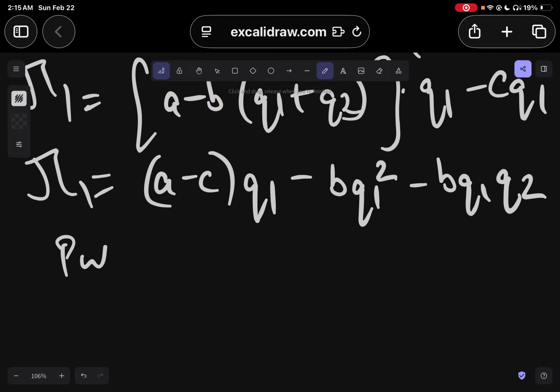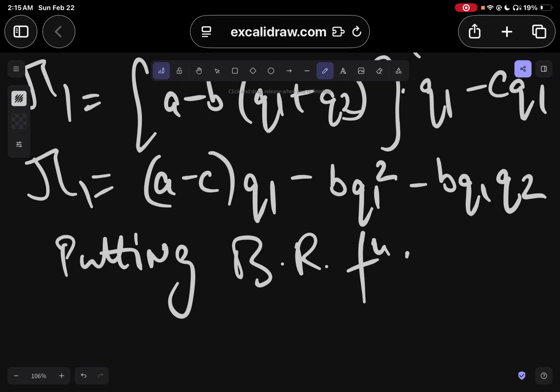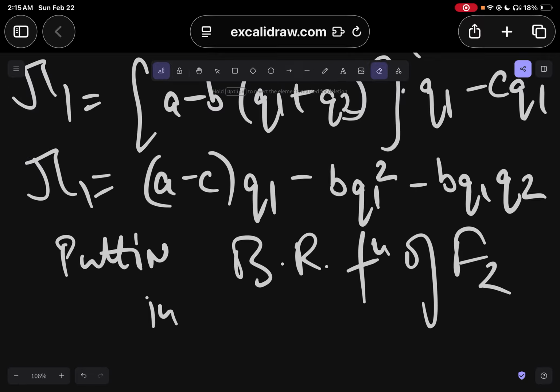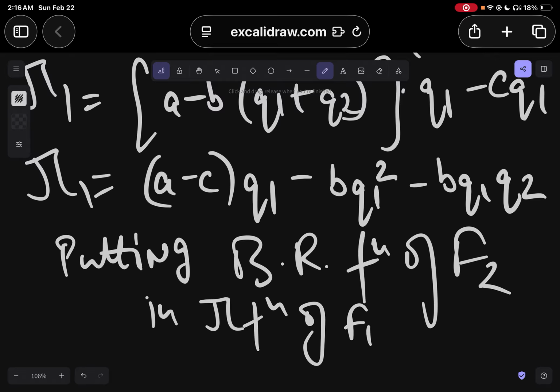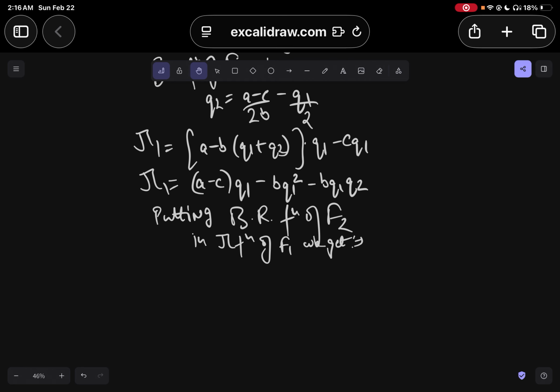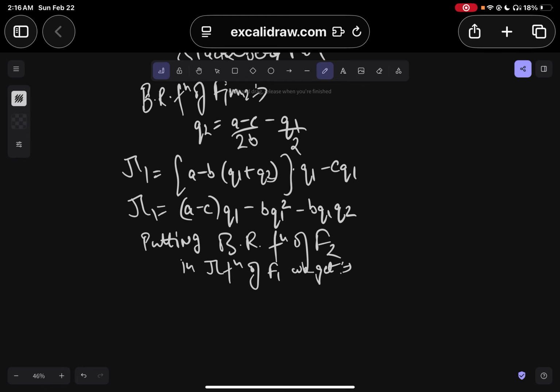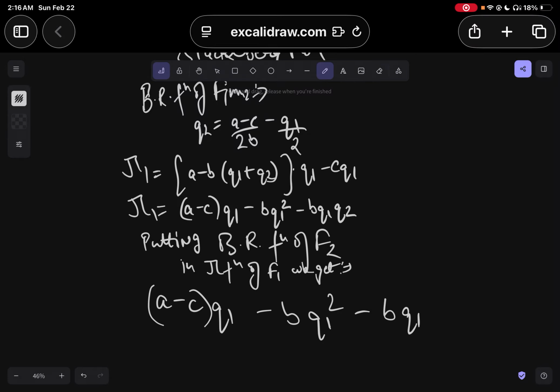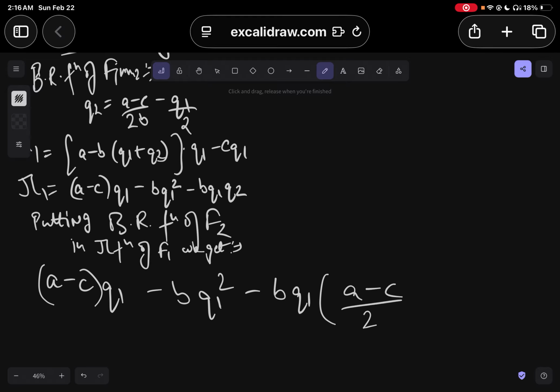Now putting the best response function of firm 2 in the profit function of firm 1, we get A minus C Q1 minus BQ1 square minus BQ1 times A minus C upon 2B minus Q1 by 2.